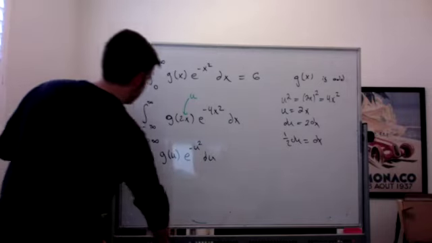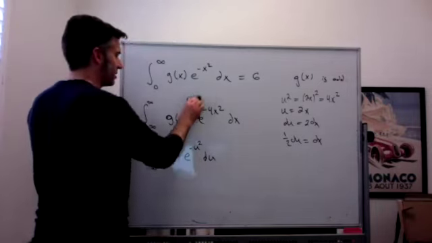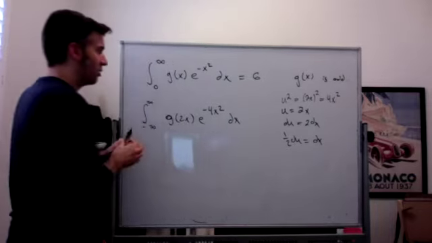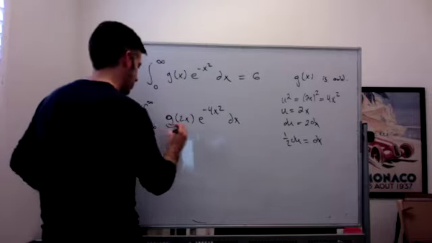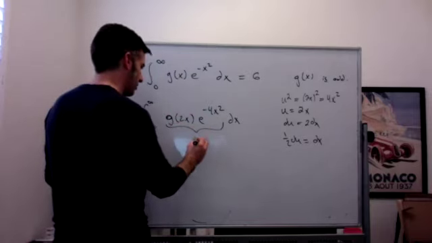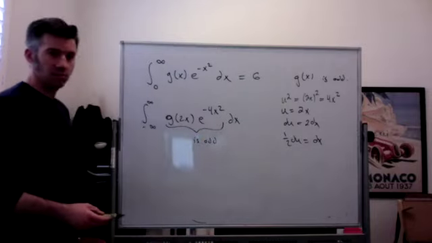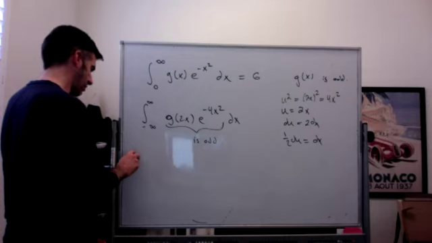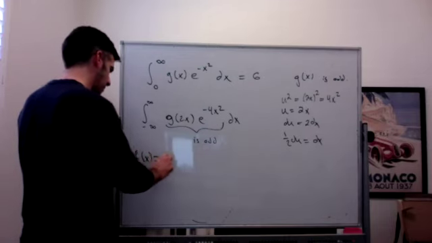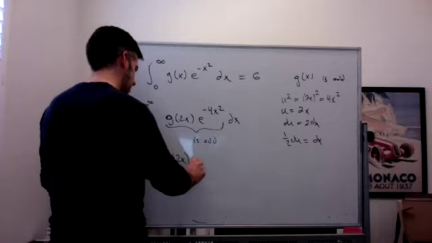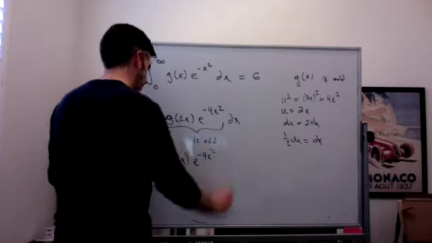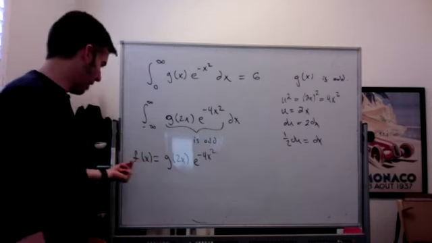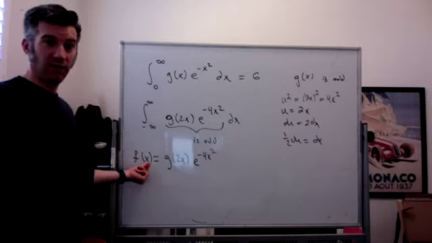The better way would actually be to show that this whole thing is odd. Let's call it f of x, which is g of 2x e to the negative 4x squared. To show something's odd, you have to show that f of negative x equals negative f of x.